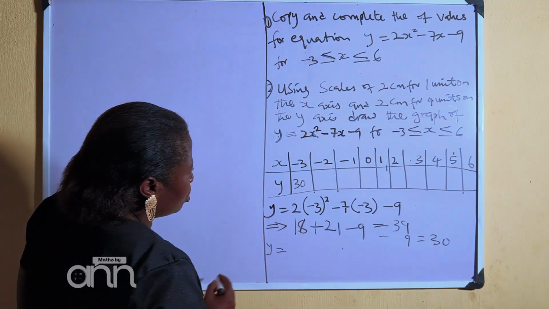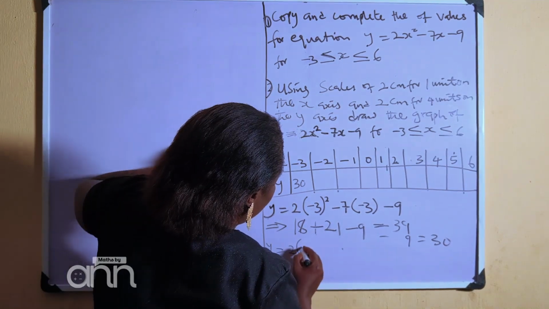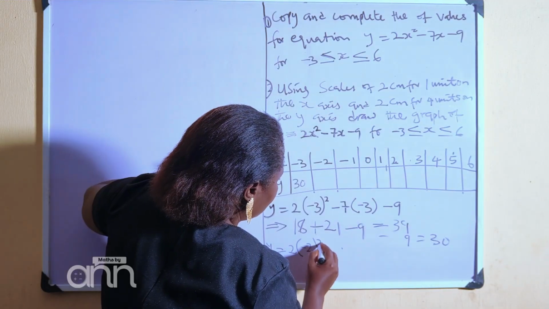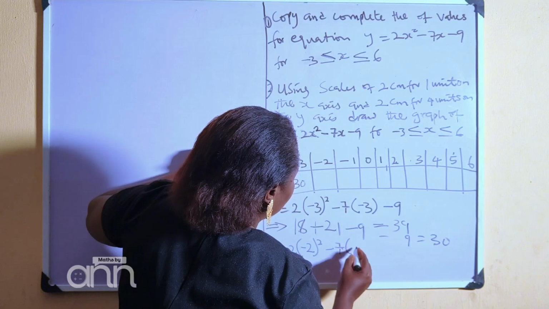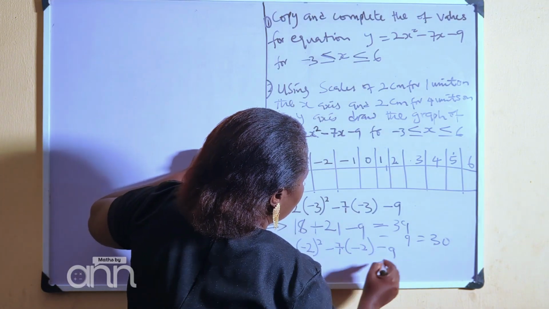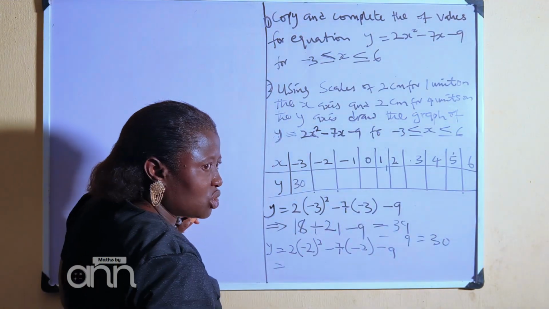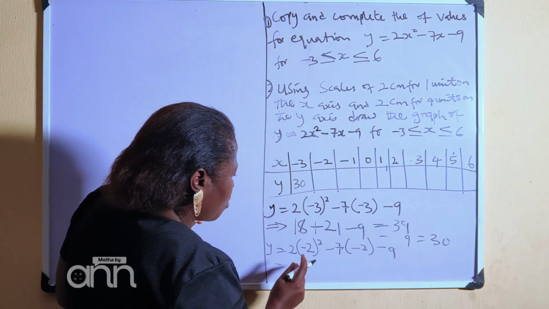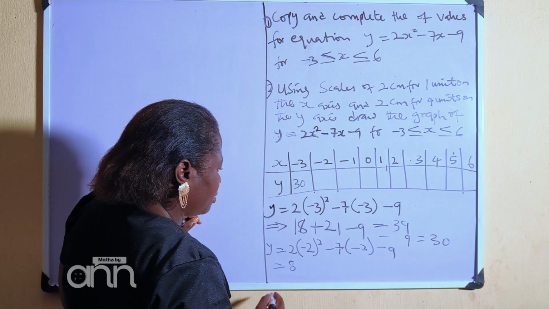y equals 2 into minus 2 raised to power 2 minus 7 into minus 2 minus 9. You have minus 2 raised to power 2 is 4. 4 times 2 is 8.